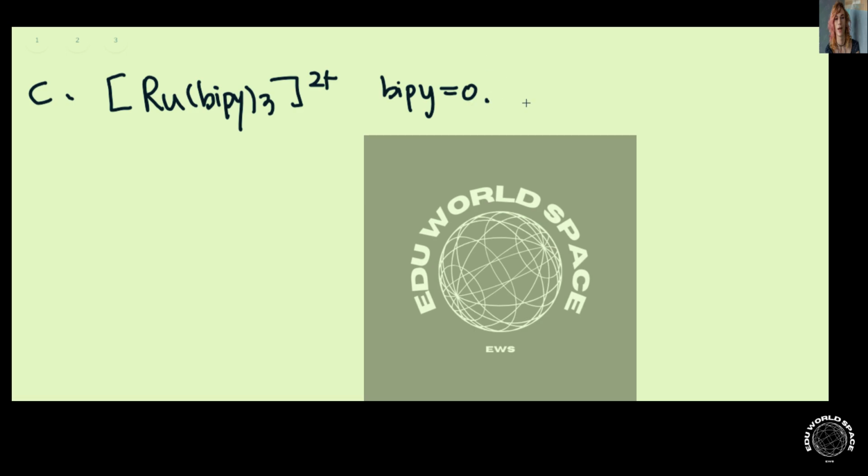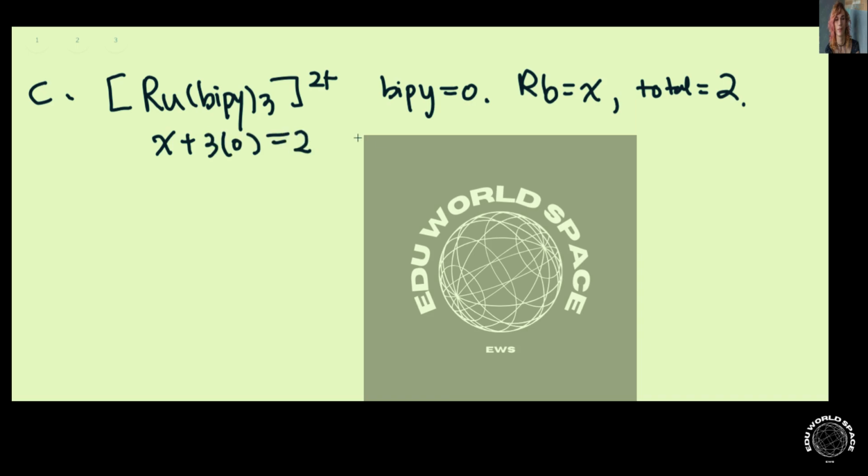And the oxidation state of rubidium is X, and we have the total oxidation state equal to 2. So we have X plus 3 times 0 equal to 2. So we get X equal to positive 2. So the oxidation state of rubidium in the complex is positive 2.